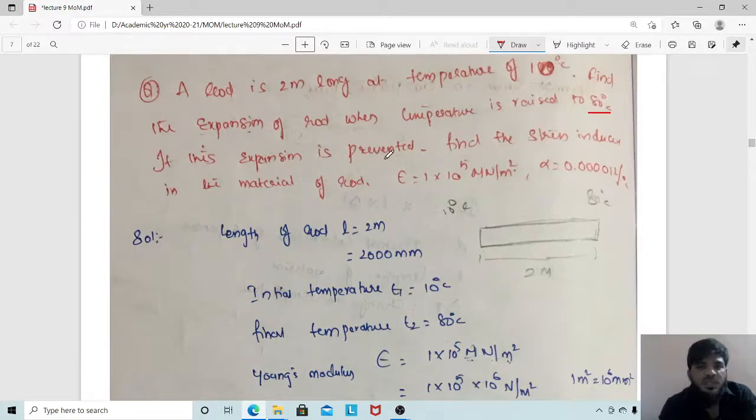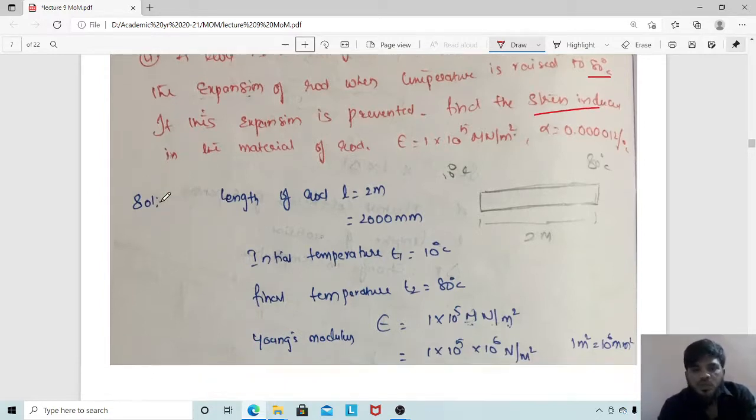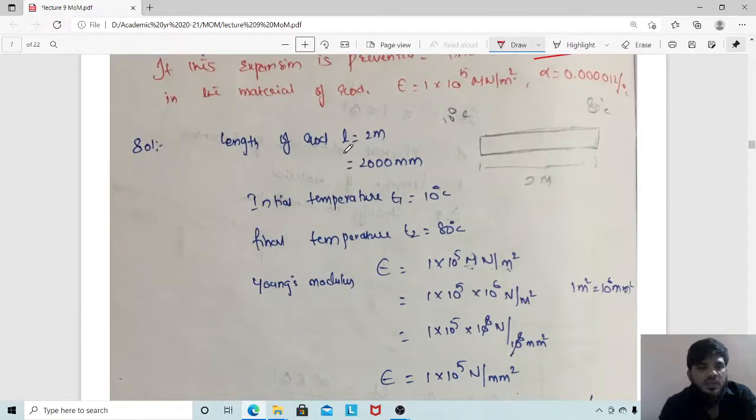If the expansion is prevented from both sides, obviously some amount of stress will be generated inside the material. What are the stresses induced when you prevent this expansion? We have to calculate. Let us take the given data. The length of the rod is 2 meters. We will take 2000 mm, since 1 meter is equal to 1000 mm.